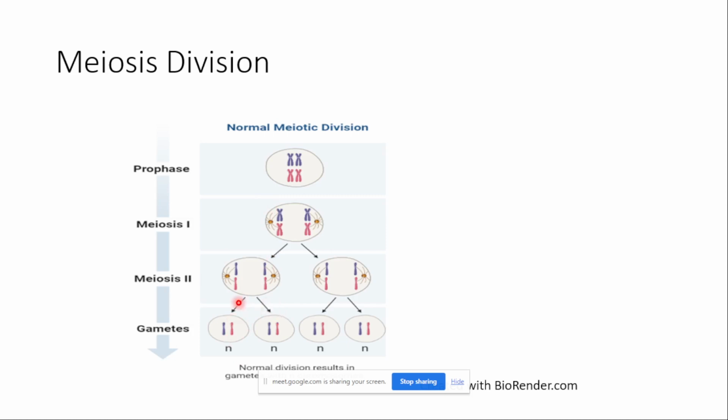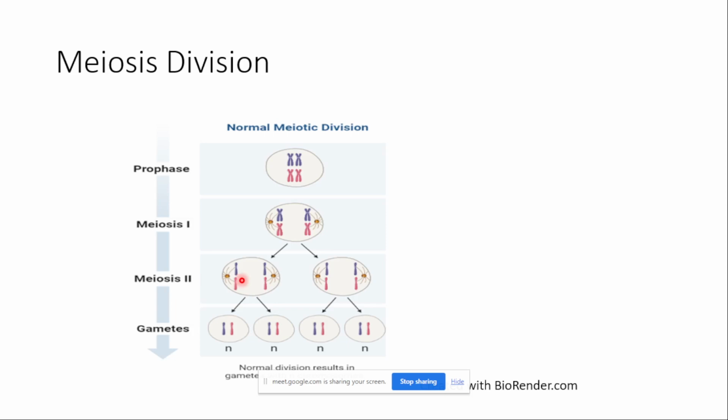Now it will give rise to haploid cells. Don't think that because they are aligned towards each other, that means they are 2n. They are not homologous. This homologous chromosome has already been taken out, so they are not homologous.